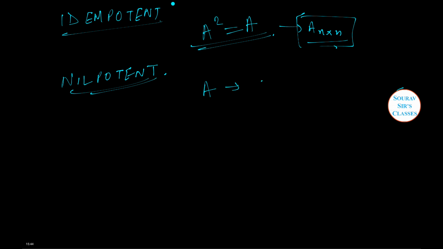Let A be a matrix of order m cross m. Therefore, the smallest value of n for which A to the power n is equal to the null matrix is known as the order, and then A will be called a nilpotent matrix of the order n. Now transpose of a matrix.